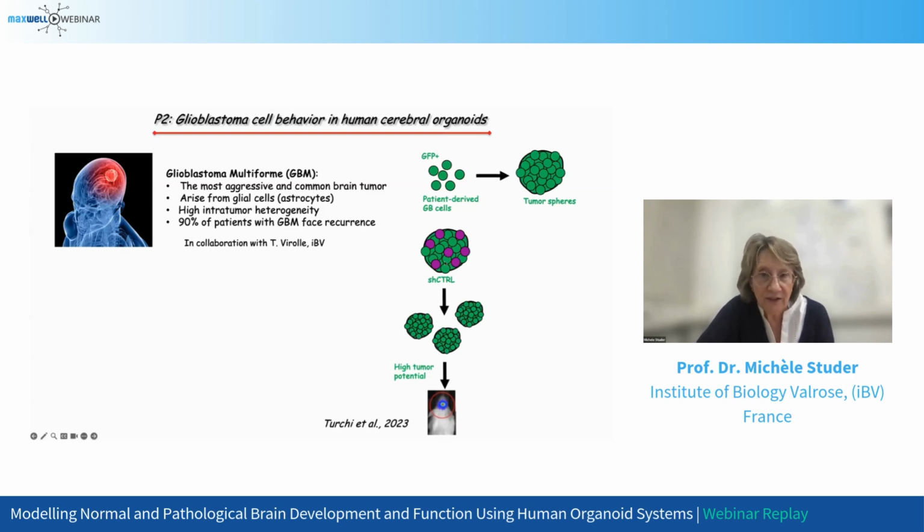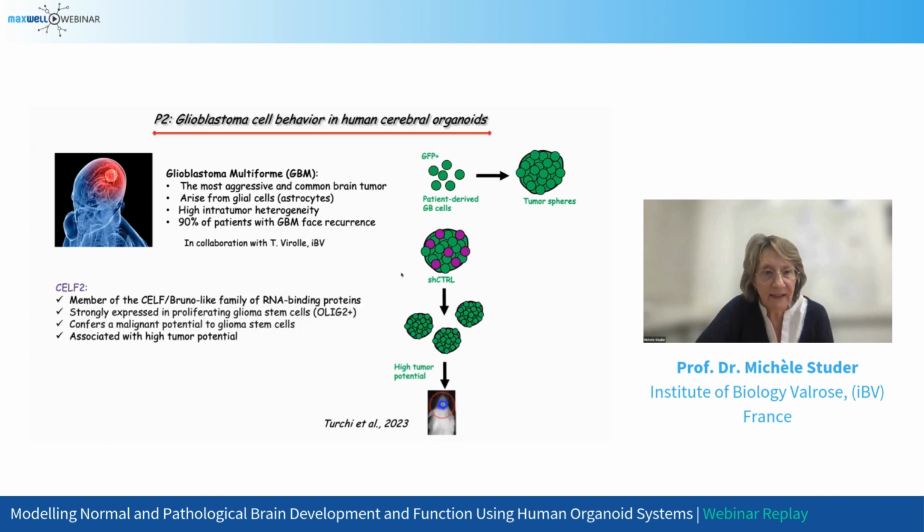One of the genes that are expressed in this tumor sphere is SOX2. SOX2 is a member of the Sox family of transcription factors, strongly expressed in proliferating glial stem cells, so OLIG2 cells, confers a malignant potential to glioma stem cells, and is associated with high tumor potential.